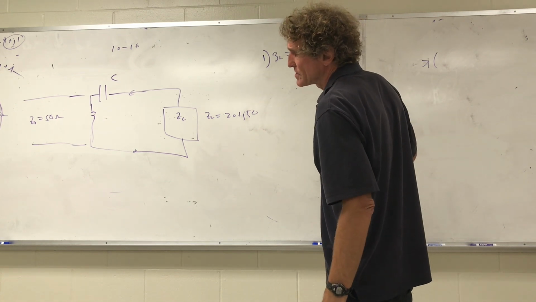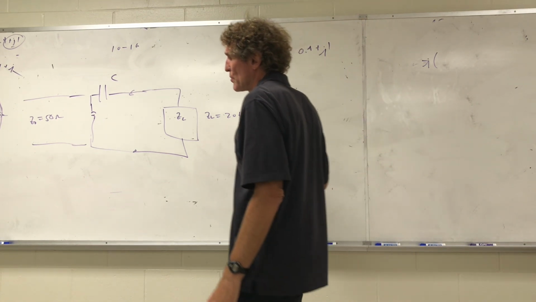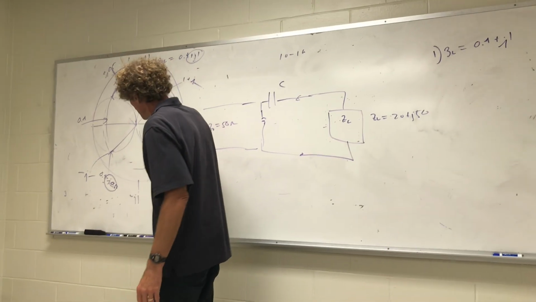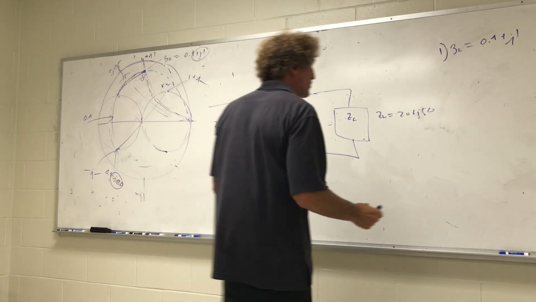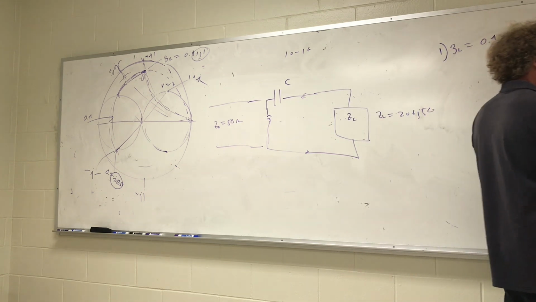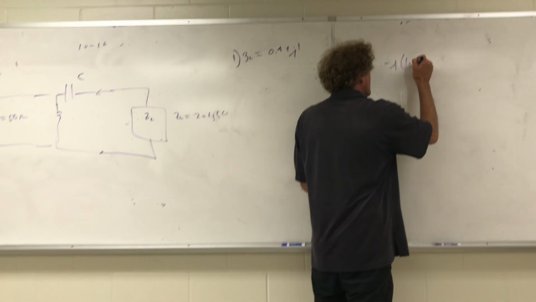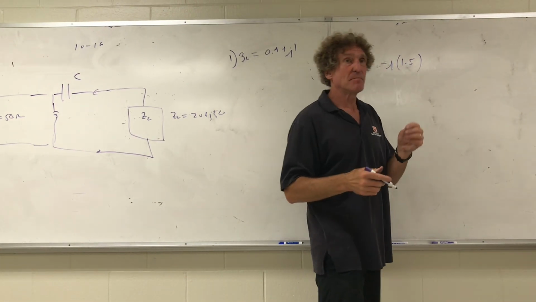I went from plus J1 to minus J0.5, that's a difference of 1.5. So I have to have a minus J1.5.